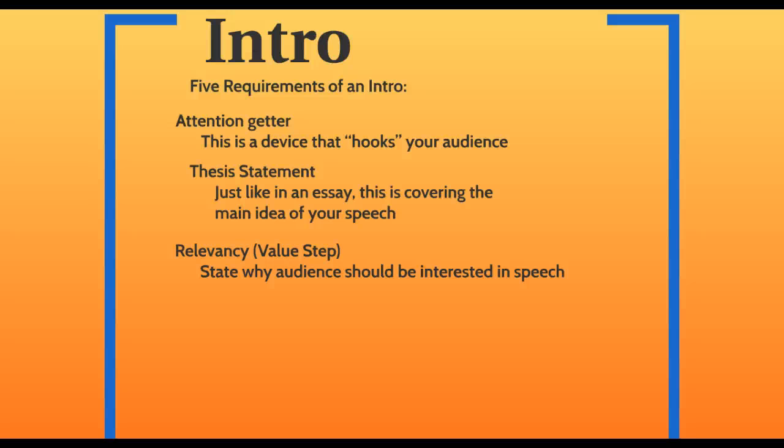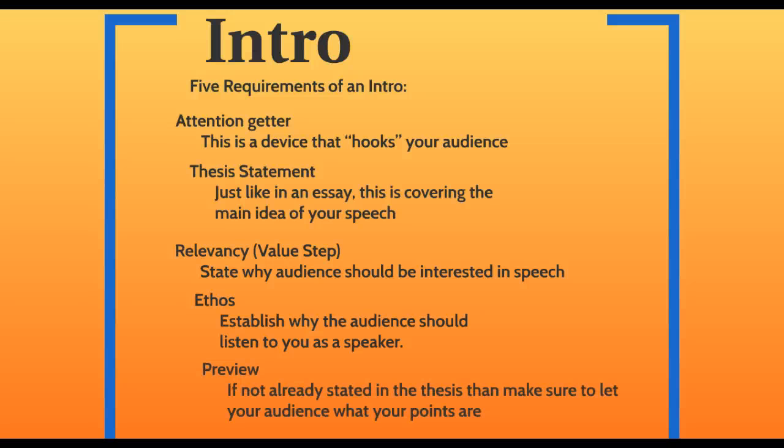Your relevancy statement or your value step, so this is telling the audience why they should be interested in the speech. Ethos, so this is telling the audience why they should be listening to you as a speaker. And the preview, this is breaking down how you are actually going to talk about the topic in your speech, sort of like a map. So let's go through some of these.